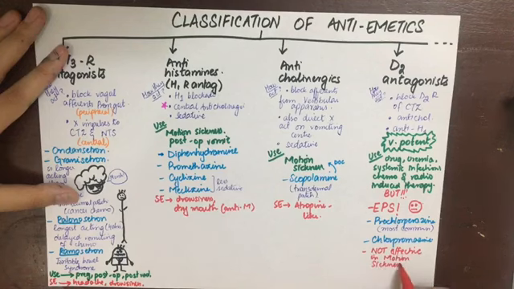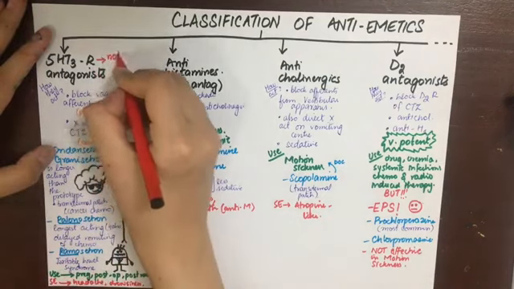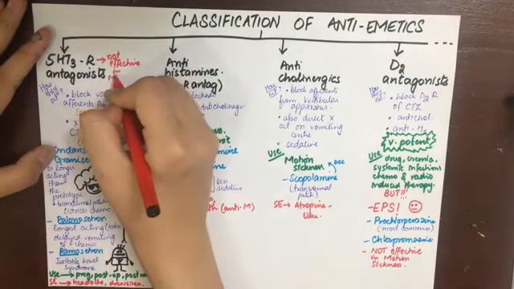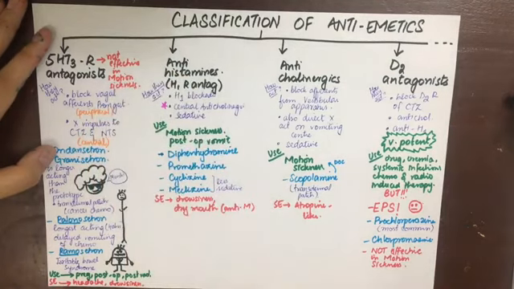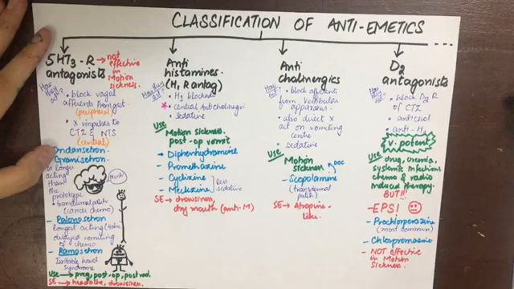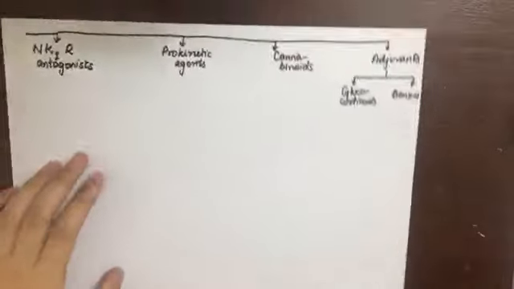And they cannot be used to manage the vomiting caused by anti-Parkinson drugs, because anti-Parkinson drugs are D2 agonists and these are D2 antagonists, so we don't want to give an agonist and antagonist at the same time.